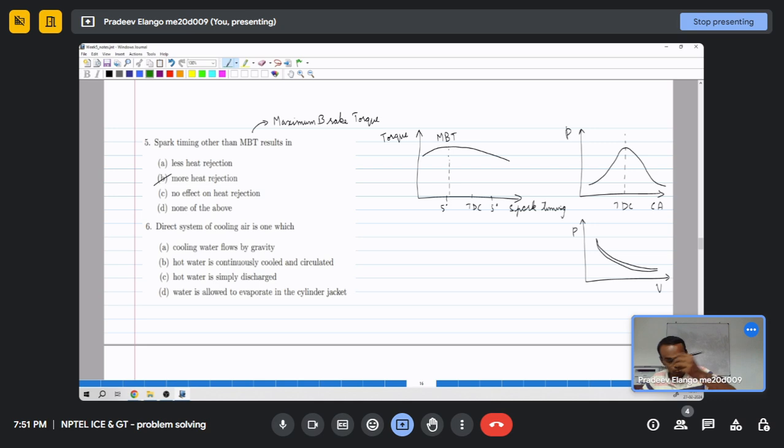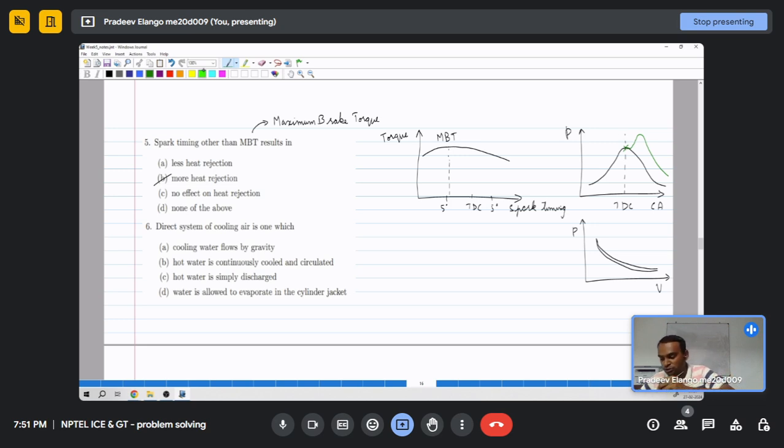Now when you have combustion, say you have a spark timing at TDC, till that point the pressure will be the same, and after which there will be some ignition delay, and then there will be combustion, and then it comes like this. The pressure will rise and fall like this, and that means the effective combustion has happened only later, not at TDC, right?